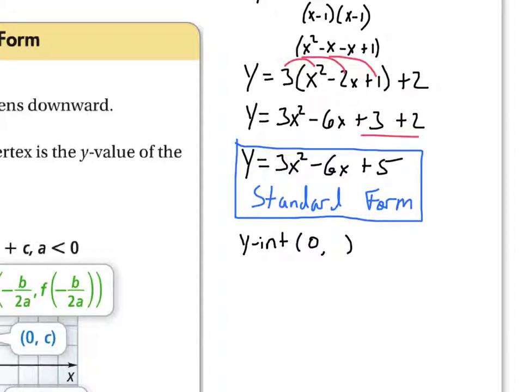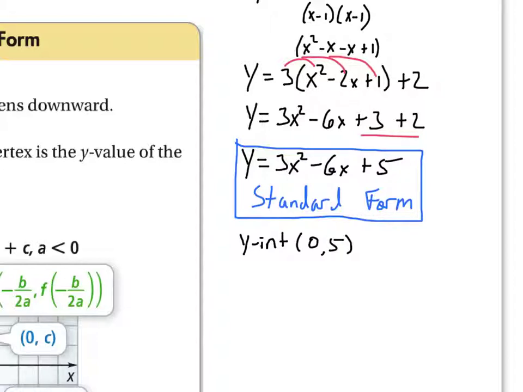Well, if we go through and find our y-intercept for this parabola, I would take 0 and plug it into my standard form. So 0 squared is 0. What's 0 times 3? 0. 0 times negative 6? 0. So I've got 0 plus 0 plus 5. What do I get? 5.